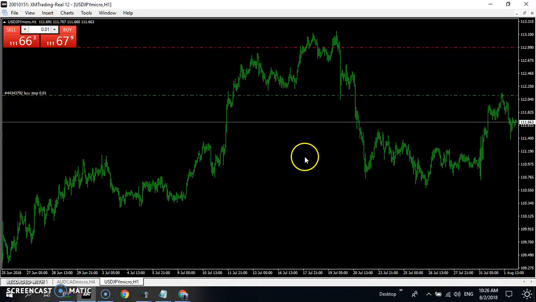Read structures. This is structure. This structure was broken by this heavy spike. Now, this structure here was broken with this heavy spike. Now, this structure here will be broken by a heavy spike.